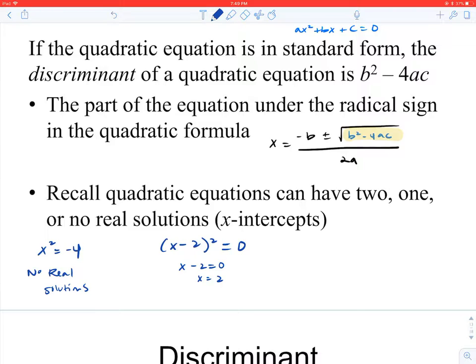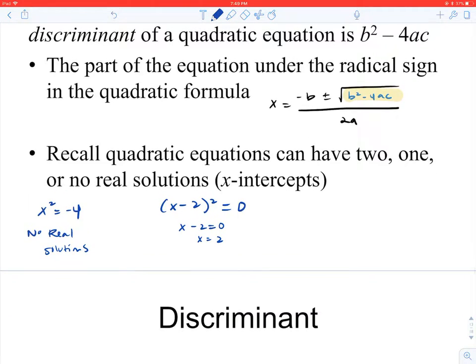But if we were using the zero product property, there are 2 factors there, and each factor would have the same value that would make it equal to 0. So it's really x equals 2 twice. There's one real distinct solution, but it's almost like a double solution, because that x equals 2 would occur twice.